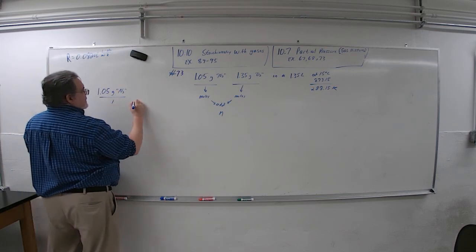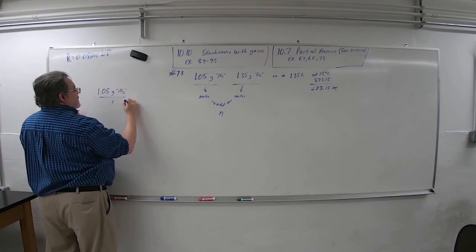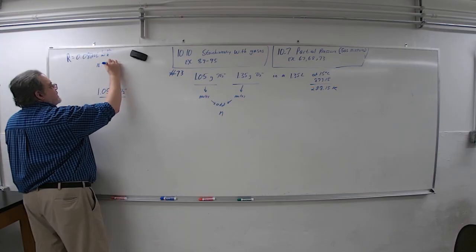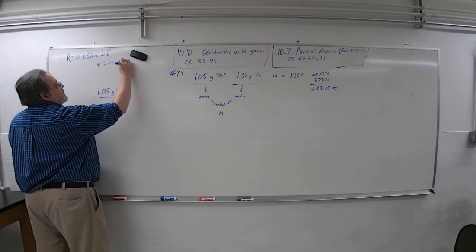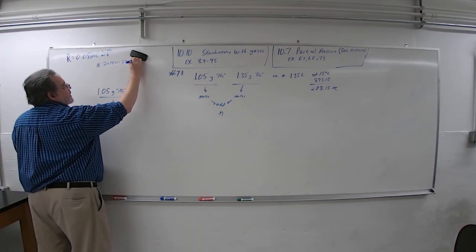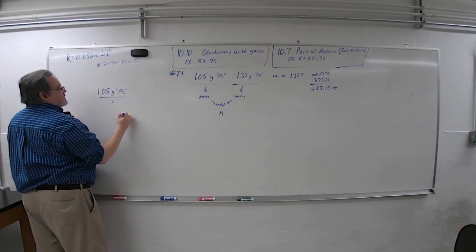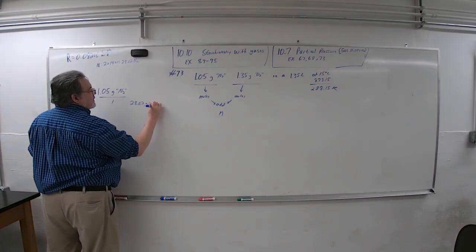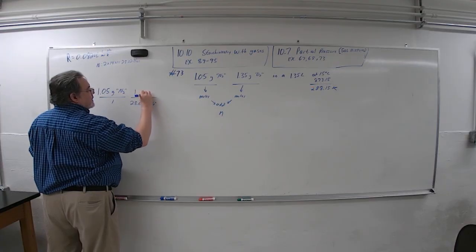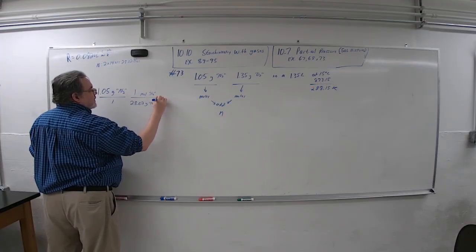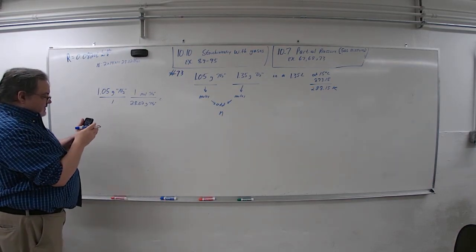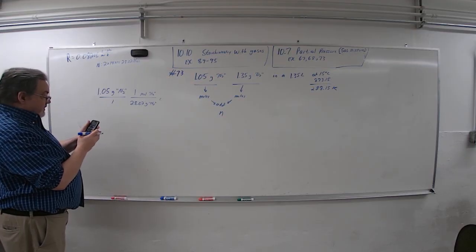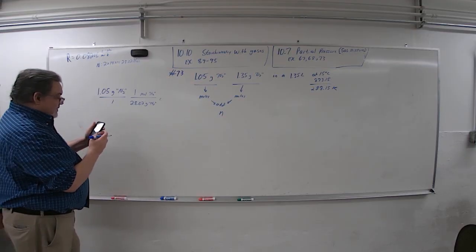Grams of N2. N2, there's two of them, 14.01 each, equals 28.02 grams per mole for N2. So this is how many moles of N2 are there, 1.05 divided by 28.02.